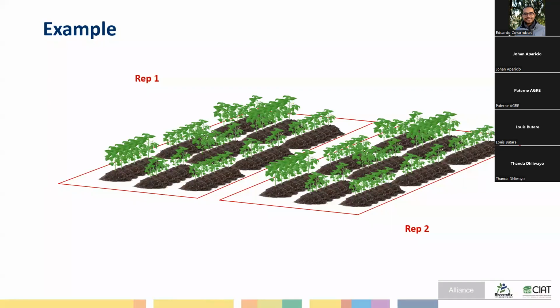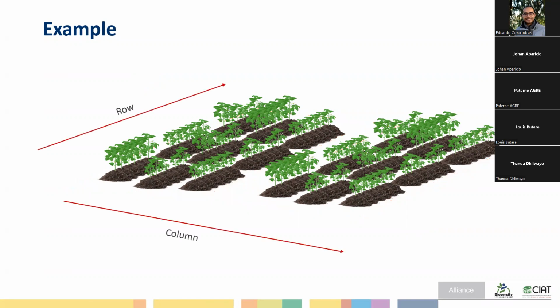The focus of MrBean is more spatial analysis. So instead of using this classical approach, rep and incomplete block, we are going to use the row and column information. Every single experimental unit is going to be identified by its row and column position in the field.